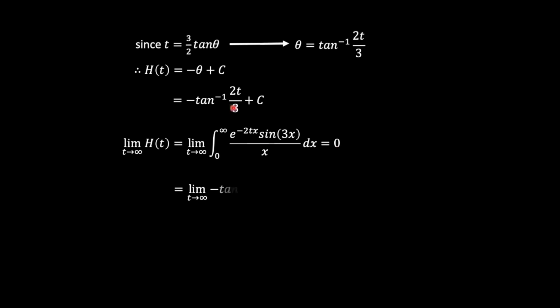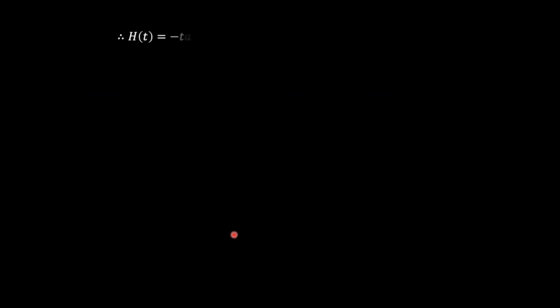Therefore, the limit as t tends to infinity of negative arctangent 2t over 3 plus c, this negative arctangent term tends to negative pi over 2, and then c remains there. But we know that the entire integral is 0, so 0 is equal to negative pi over 2 plus c, and therefore c is pi over 2. That means that our h(t) is negative arctangent 2t over 3 plus pi over 2.